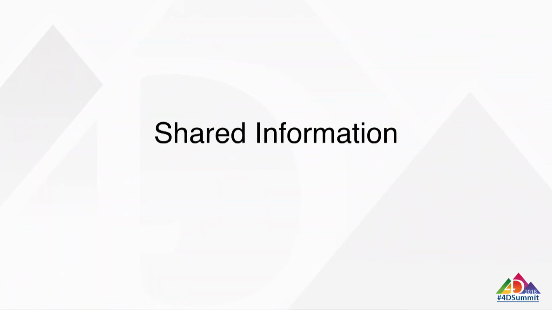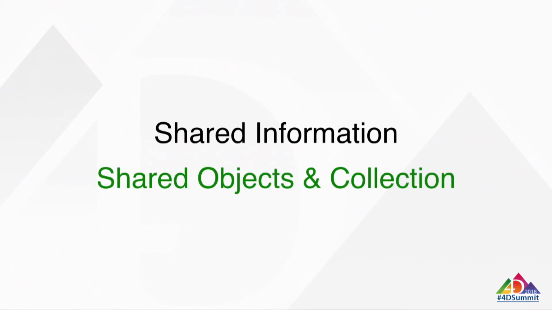Okay, so this is going back to the conversation about sharing information. Again, like I said, you guys are probably going to be looking at this heavily after the summit, I'm sure. There are two commands that deal with shared information: shared objects and shared collections.